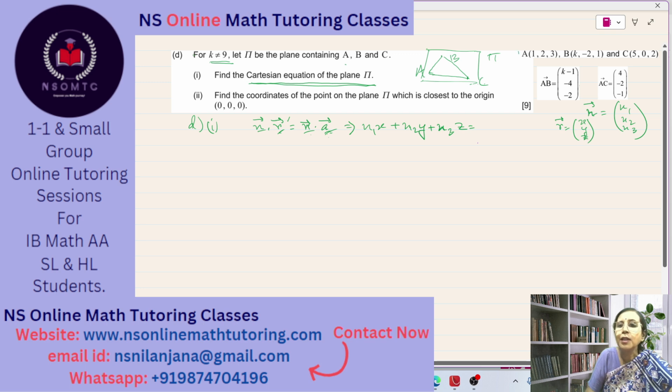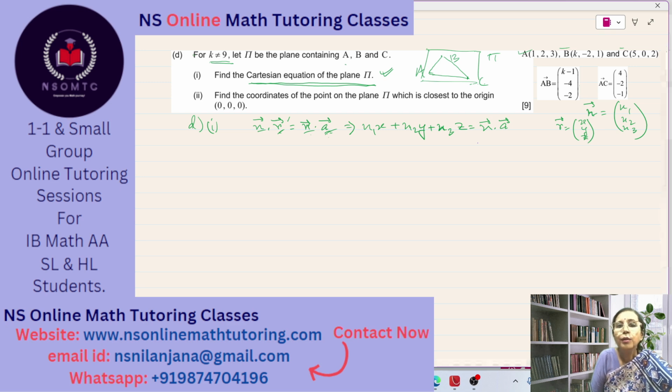We may take the point A or the point B or the point C. All three of them lie on the plane pi, so we may take any of them. Okay. So I'm keeping it as it is. This is the Cartesian equation of the plane pi, which we have to find.